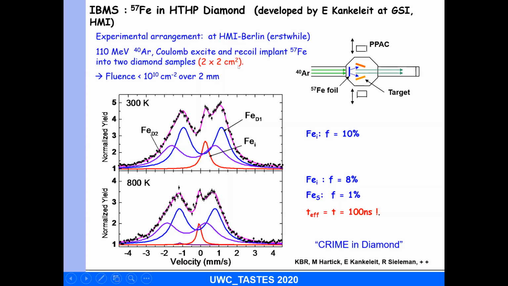A requirement is that you need samples of 2 by 2 centimeters minimum. The photons from here are then picked up in the parallel plate avalanche counters.